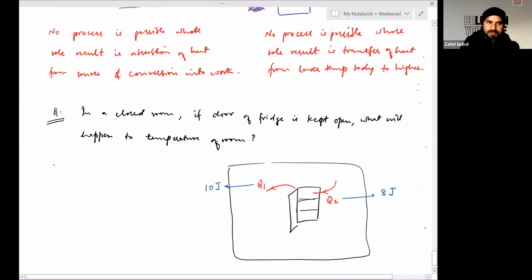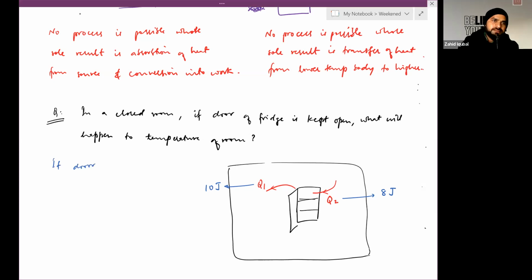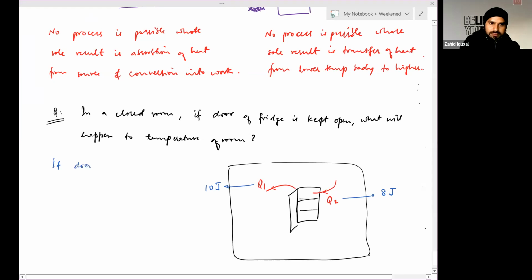So you can say if door of fridge is kept open, so cabin and whole room becomes same.